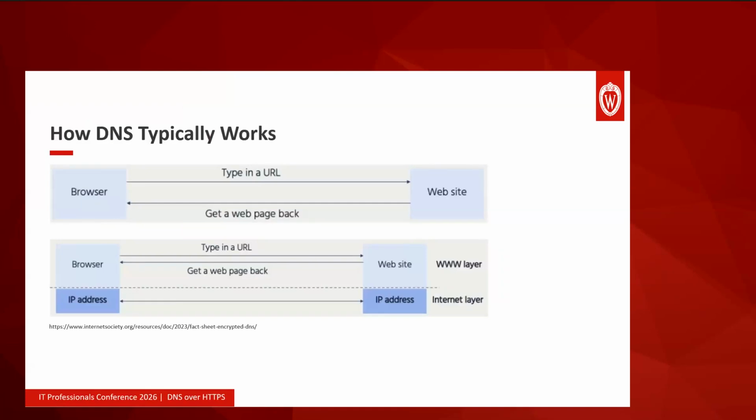Here's how DNS typically works, just a high-level overview for those of you who might not be aware. You have a browser, you type in a URL, and you get a website back. As you know, the website is determined by an IP address.